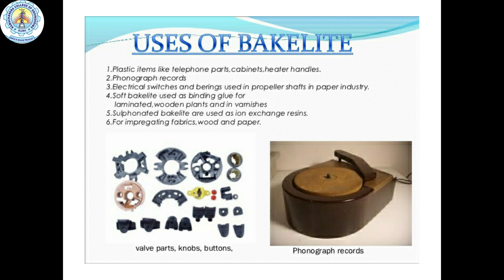Soft bakelite is used for binding glue, laminated wooden planks, and in varnishes. Sulfonated bakelite is used as ion exchanger resins, and it is also used in fabrics, wood, and paper. This is about the synthetic plastic that is bakelite.